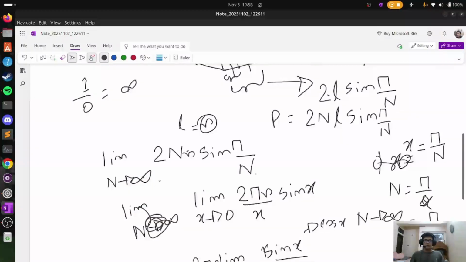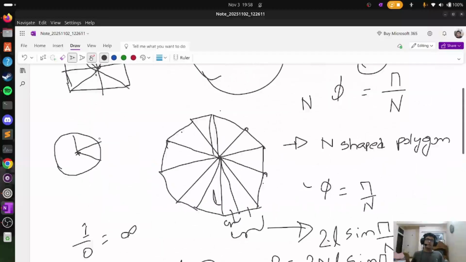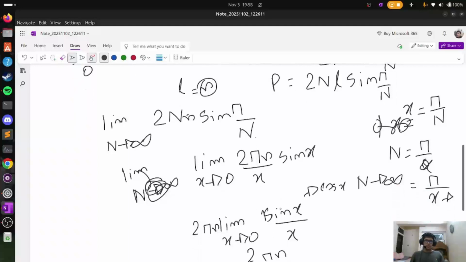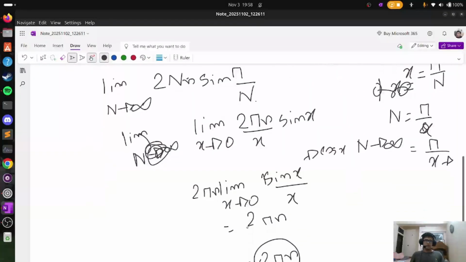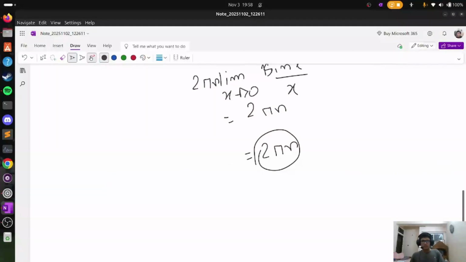Then we took a limit, because in a circle we cannot determine how many sides it has, so the number of sides should tend to infinity, and we swapped the limit here as x will now tend to 0. You can use a Maclaurin series or L'Hopital's rule here. We get 2 pi r. So today we figured out the perimeter of a circle.